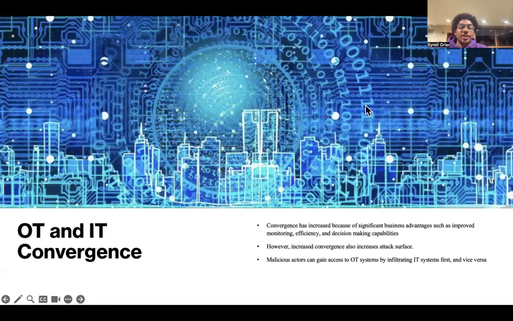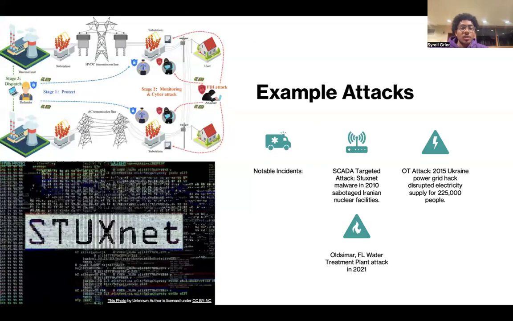So what are some examples of an attack on an OT system or critical infrastructure? Some infamous examples include the 2010 Stuxnet attack, which attacked Iran's nuclear program and set them back a couple of years. It was brilliantly written malware, and presumed to have been written by the United States government and the Israeli government.